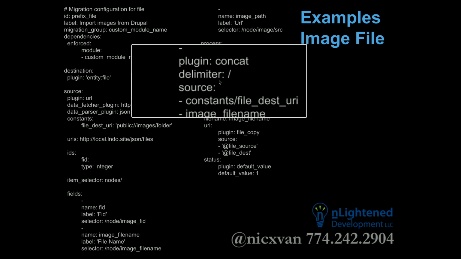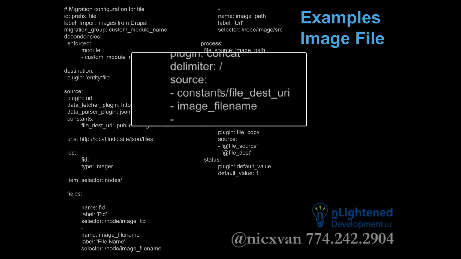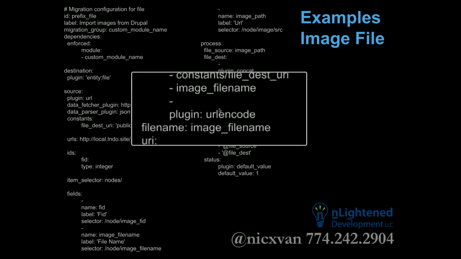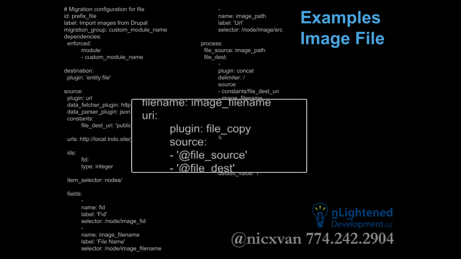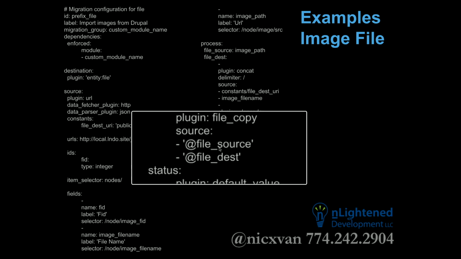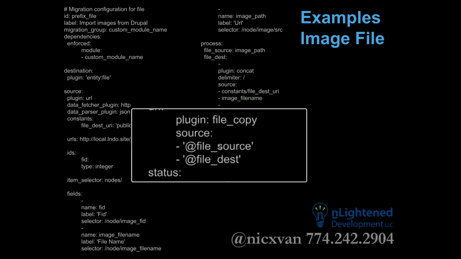For the destination, I concatenate the file name and the destination from the constants. And then I URL encode it because it's something that needs to be encoded. And so that provides a string on where you want to copy the file to. And then I use file copy to actually copy the file over.